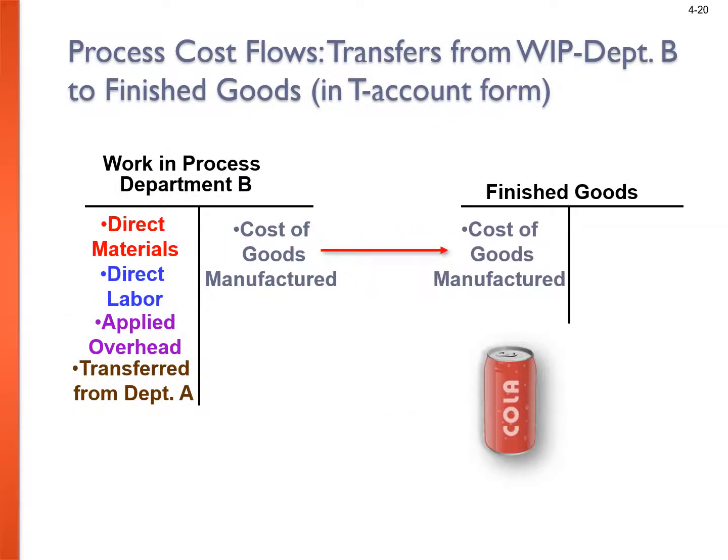Ultimately, when they're done in department B, and the assumption is that they finish up in department B, all the costs associated, those transferred from department A and those created in department B that are now being transferred to finished goods, are debited to finished goods and are considered the cost of goods manufactured, and we credit that final work in process account.